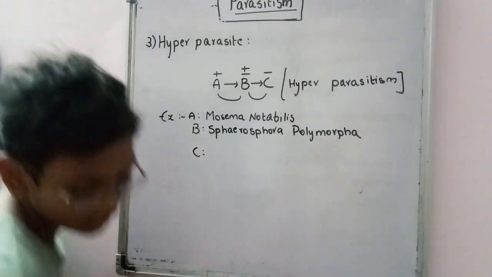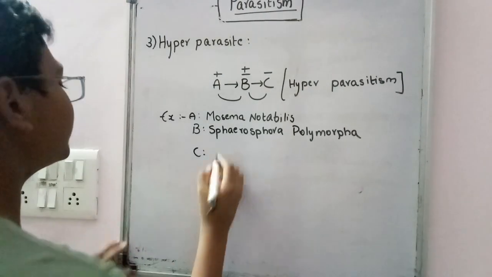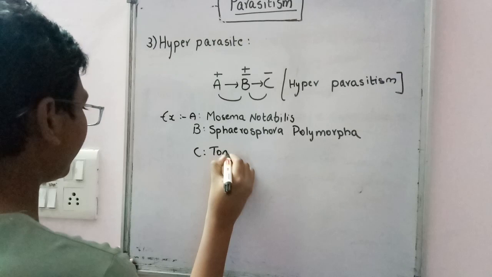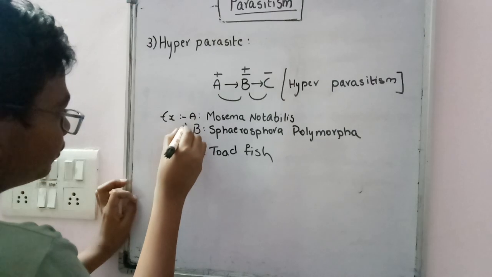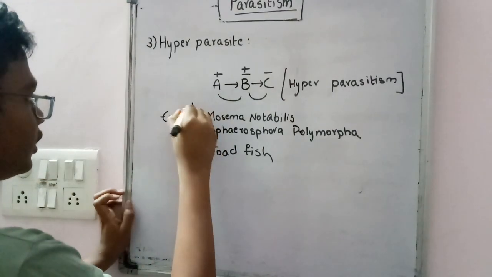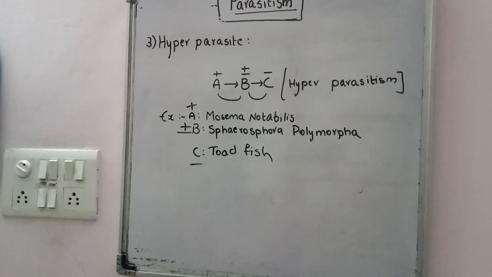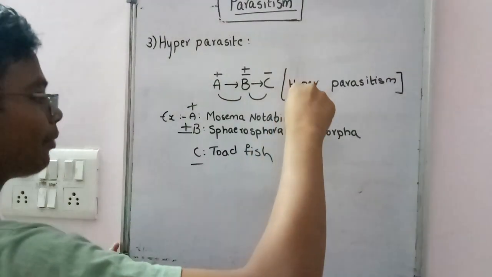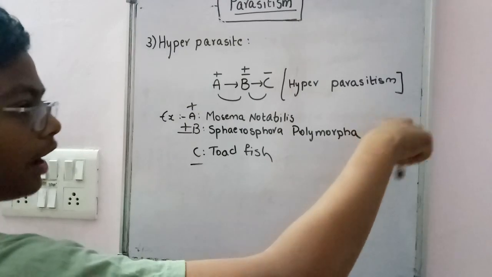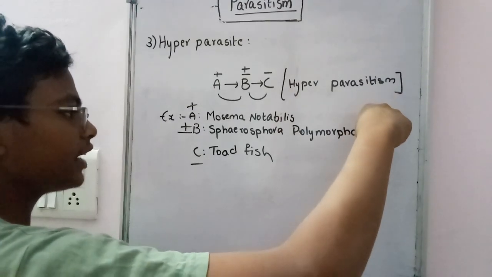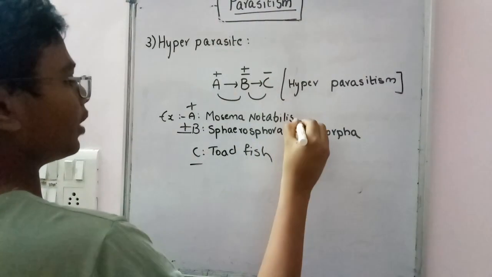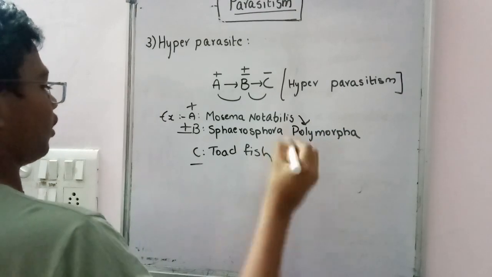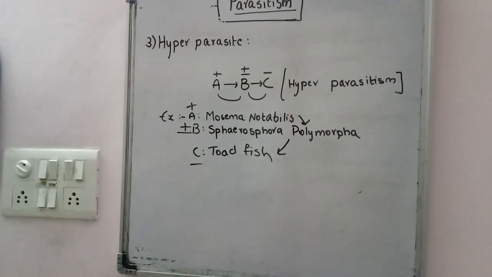And you go to C, you get a toadfish. So this Nosema notabilis lives on a parasite called Spirospora polymorpha, and this Spirospora polymorpha is a parasite which lives on a toadfish. So these three are interdependent. This is about hyperparasite.